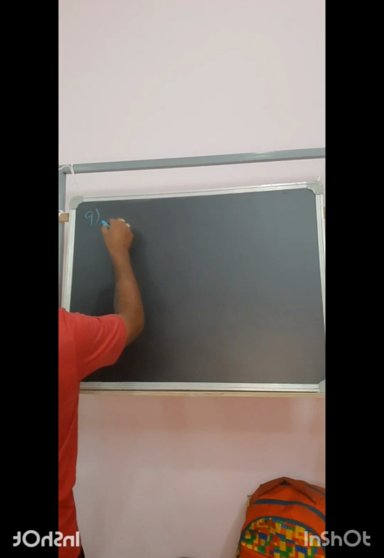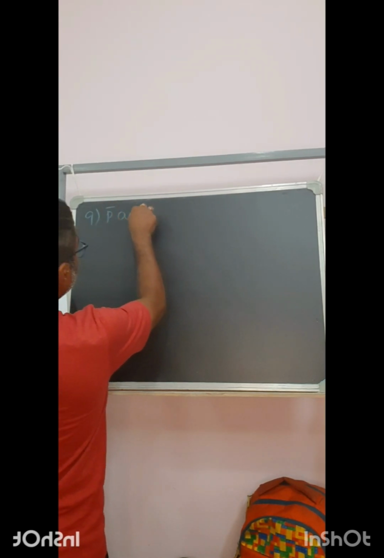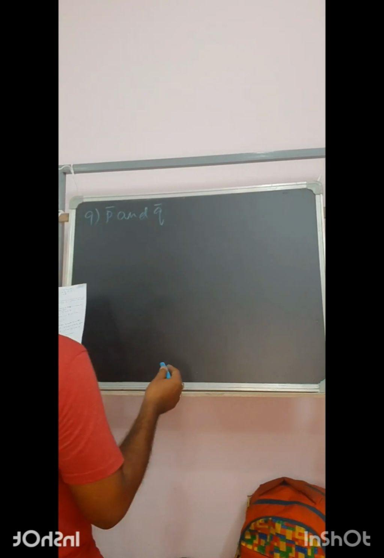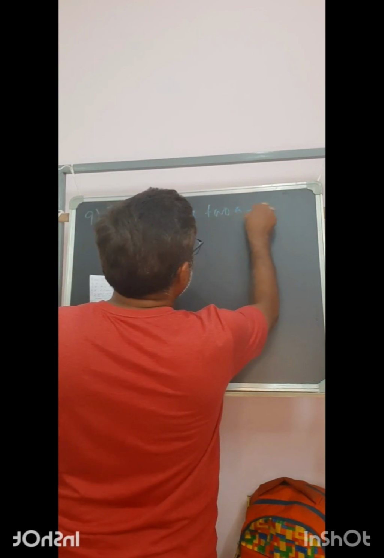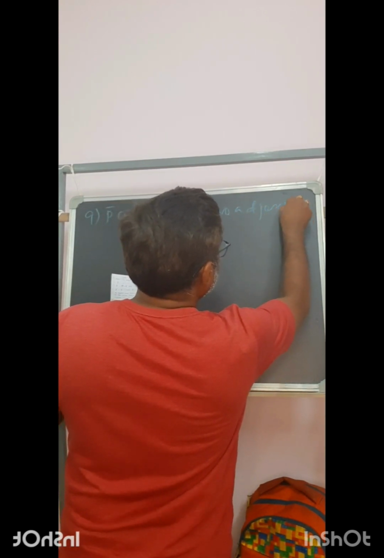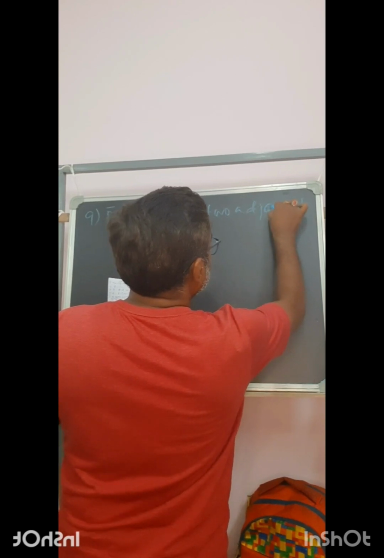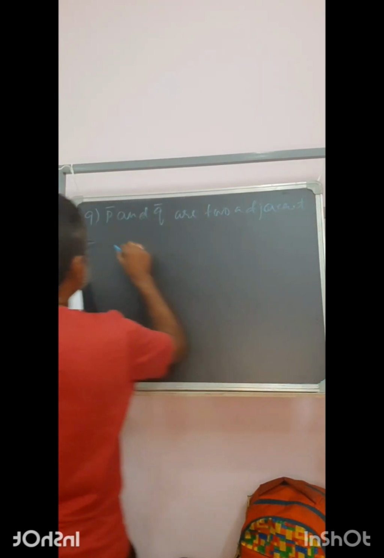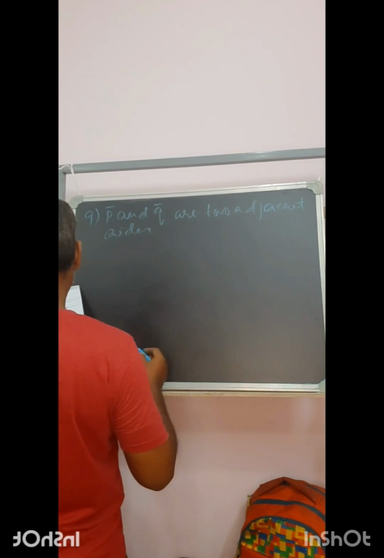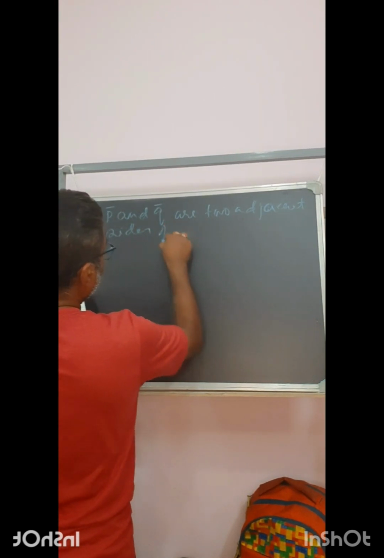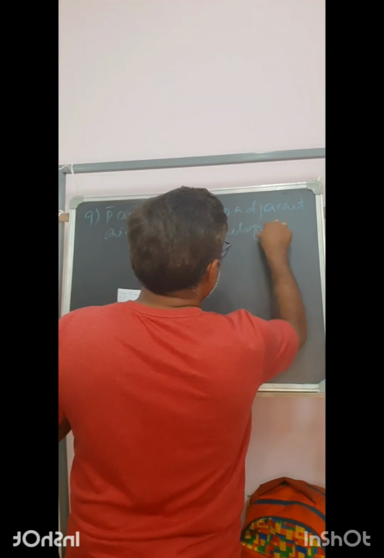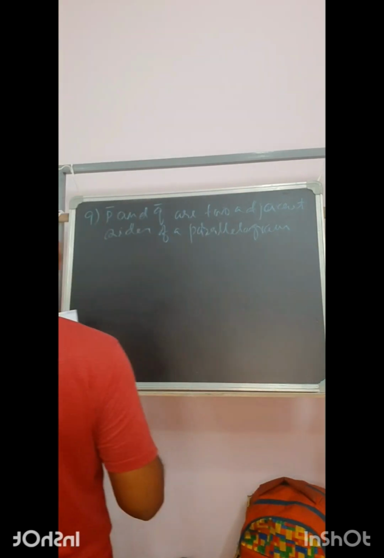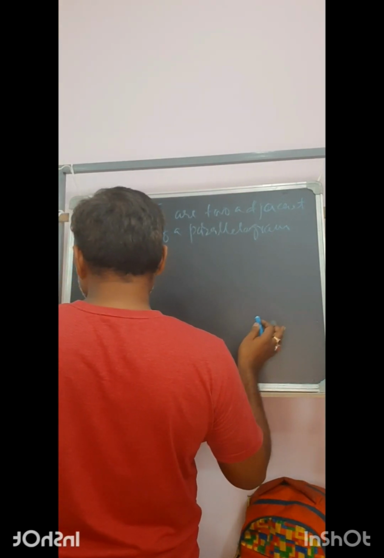So the next, it is number 9. P and Q vectors are two adjacent sides of a parallelogram.